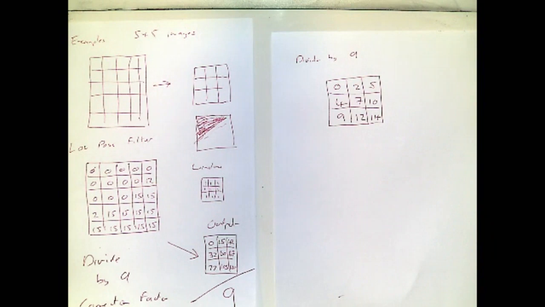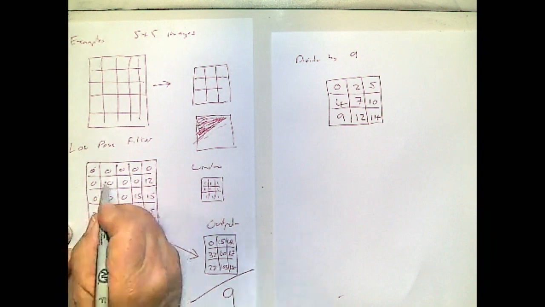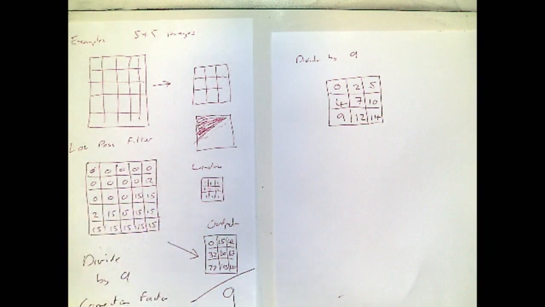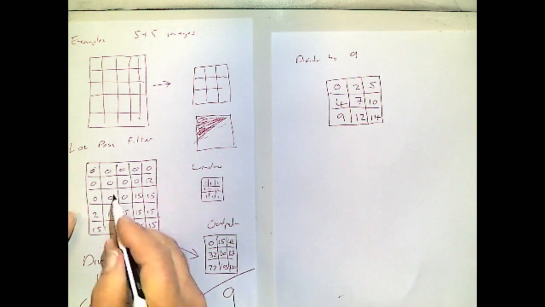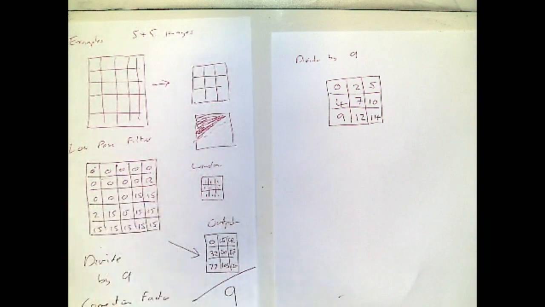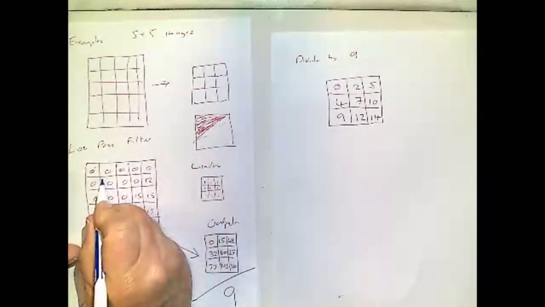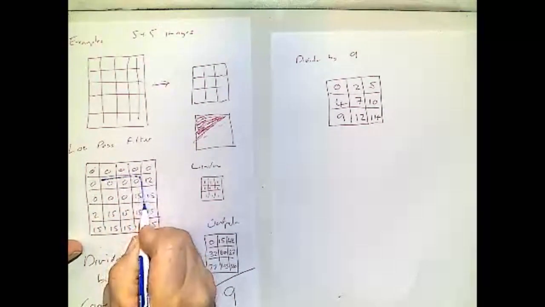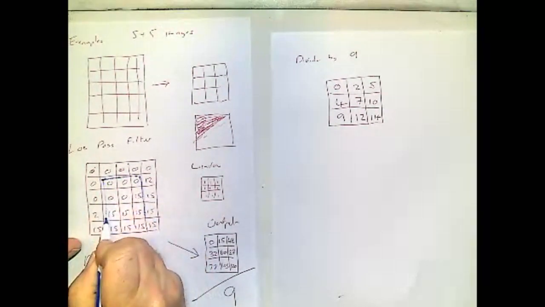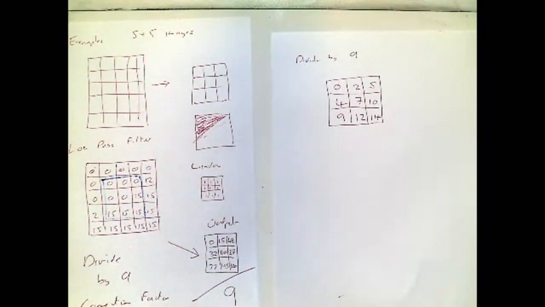Now that output will only correspond to the center of the input image. So when we're making comparisons visually, we can only take the 3x3 center of the image.